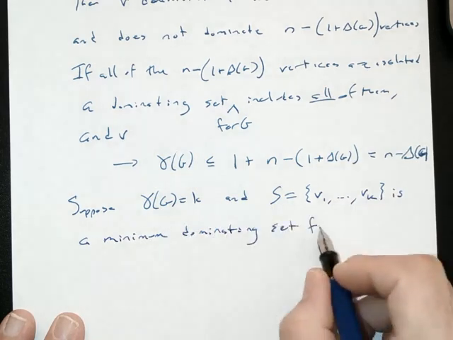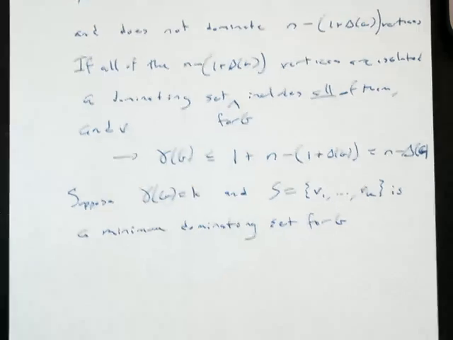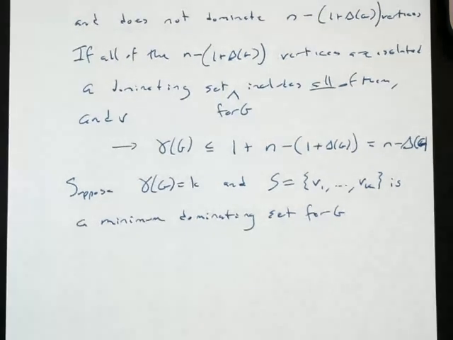Well, rather than do this strictly direct, let's do this by picking a minimum dominating set. Each of those vertices dominates 1 plus the degree vertices.